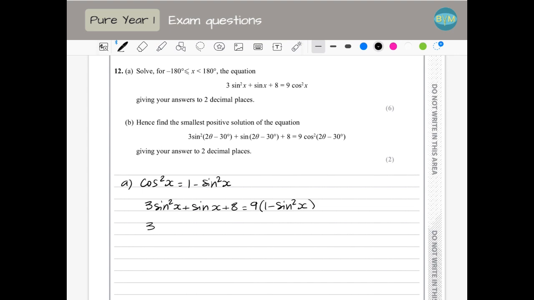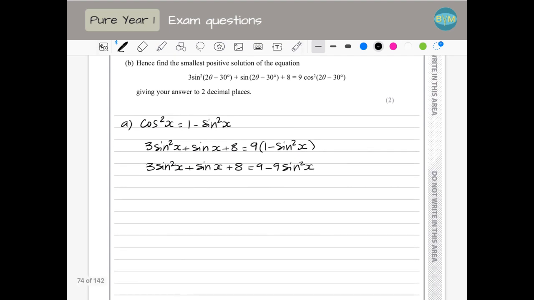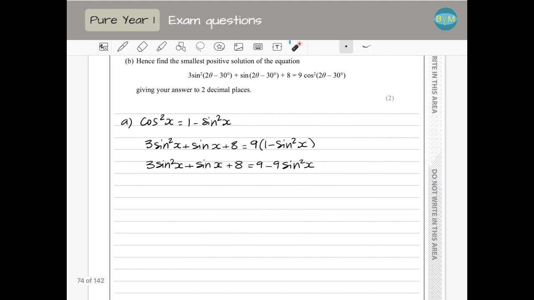Expanding brackets, I have 3 sine squared x plus sine x plus 8 is 9 minus 9 sine squared x, and now I have everything in sine x. I put together the sine squared terms, so I have 12 sine squared x plus sine x, and I put together the 8 and the 9, and I have minus 1 equals 0.